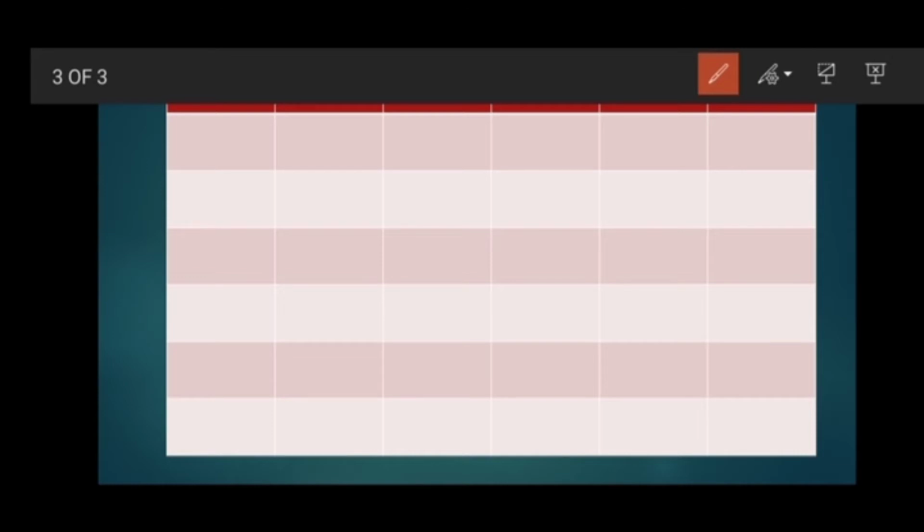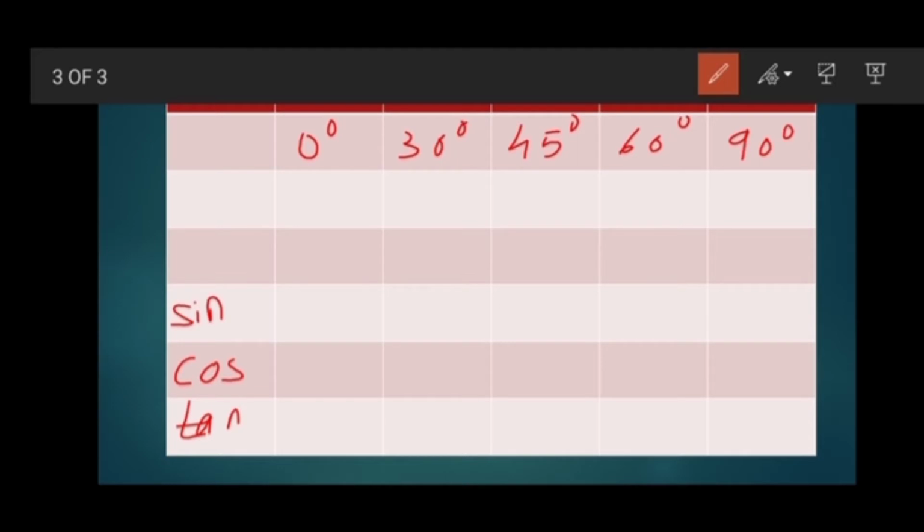First I will take the 3 ratios, sine, cos, and tan, and the values 0 degree, 30 degree, 45 degree, 60 degree, and 90 degree. Now how to remember?